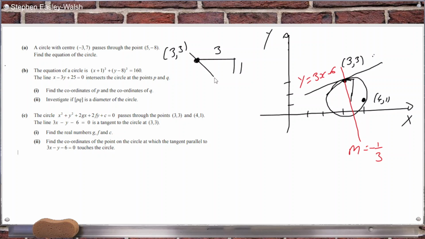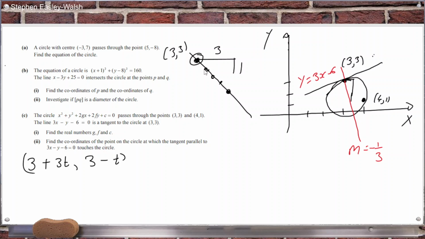So this line here, a point on this line would be in the form 3 plus 3t, and then 3 minus 1t. So every point on that line would be of this form. So when t is 0, you're at this point here, 3, 3.